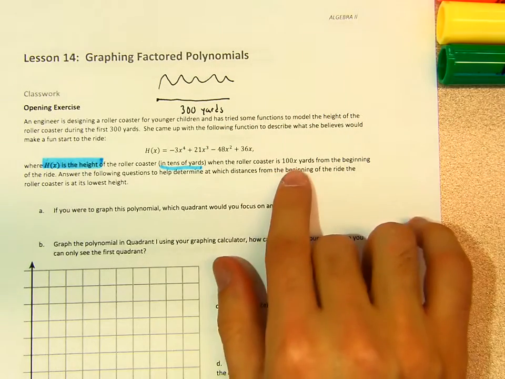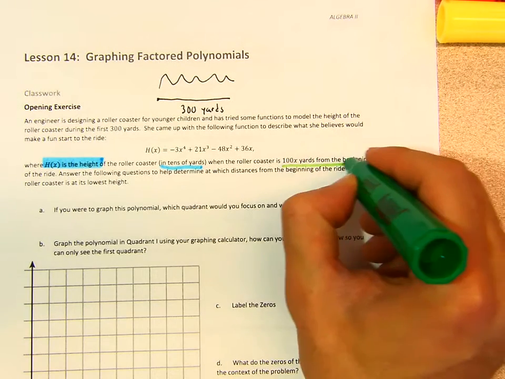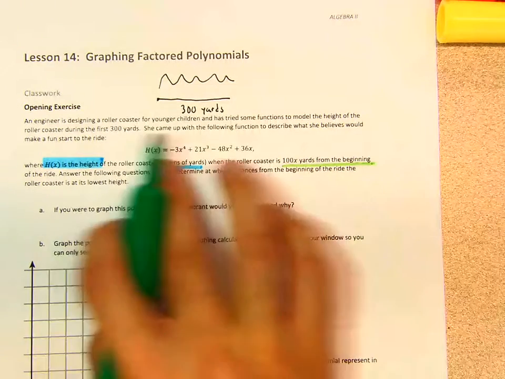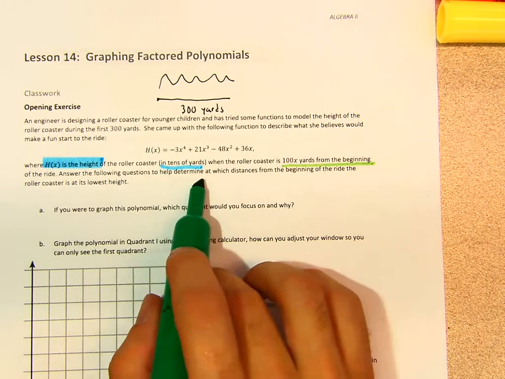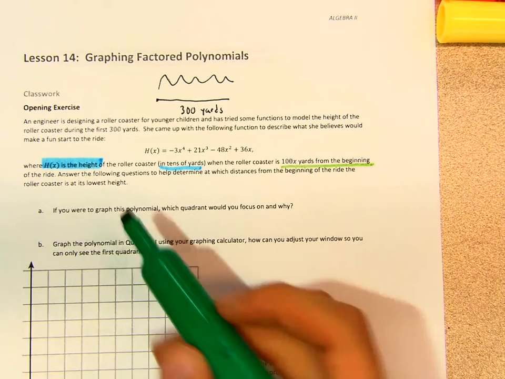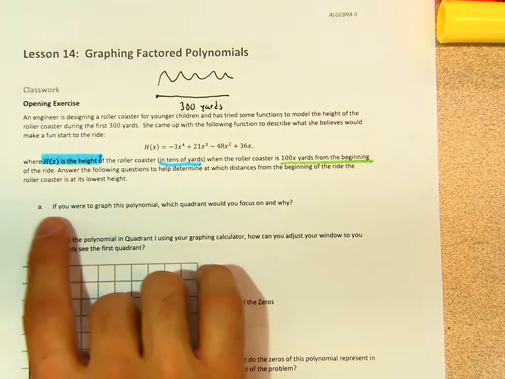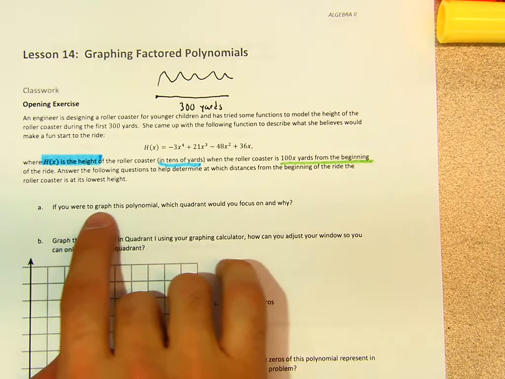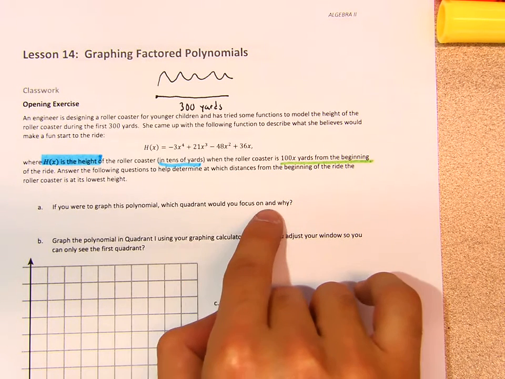And when the roller coaster starts, it'll be 100x yards from the beginning. So now, don't freak out by this notation, okay? Let's just keep going. It says, answer the following questions to help determine at which distances from the beginning of the ride the roller coaster is at its lowest point. Let's go through the questions. Let's look at letter A. It says, if you were to graph this polynomial, which quadrant would you focus on and why?